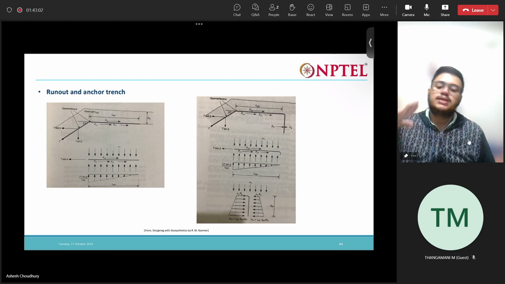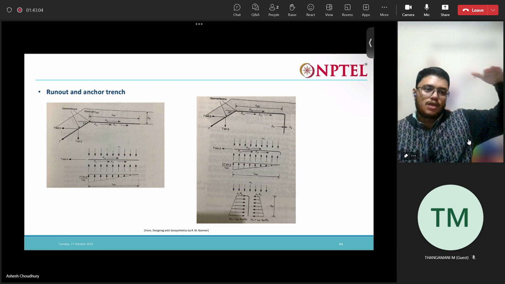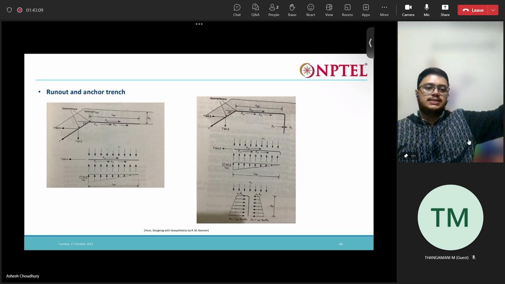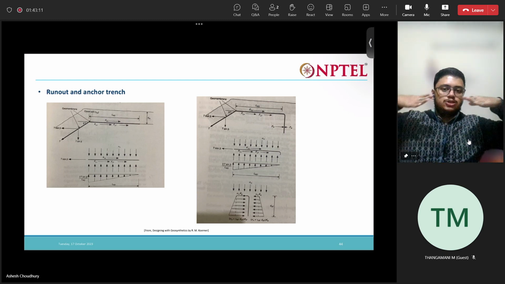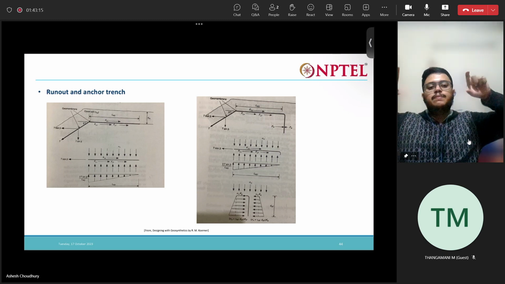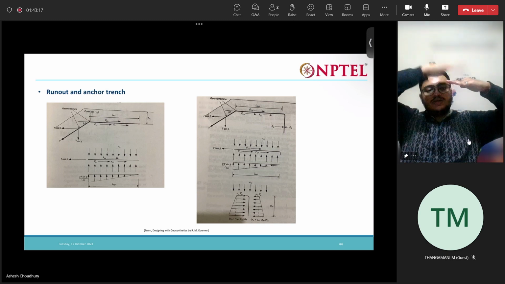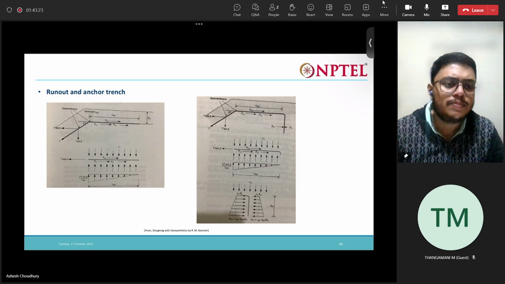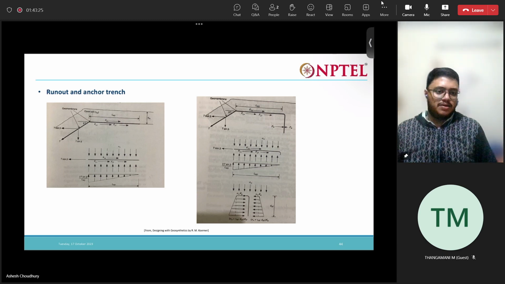You place a geomembrane on a slope, and then you have the straight horizontal portion, right? Above that geomembrane, you have covered it up, placed some soil cover above it.